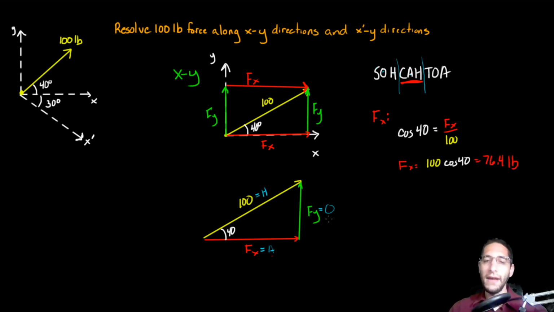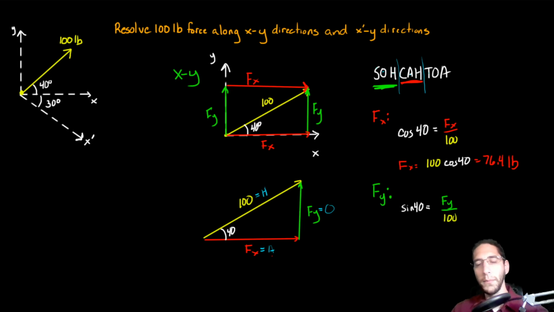We can do the same thing with this Fy. So when we do this, y is our opposite. We still know our hypotenuse. So opposite and hypotenuse is our sine. So for Fy, let's start with the entire equation. The sine of 40 is equal to Fy over 100.